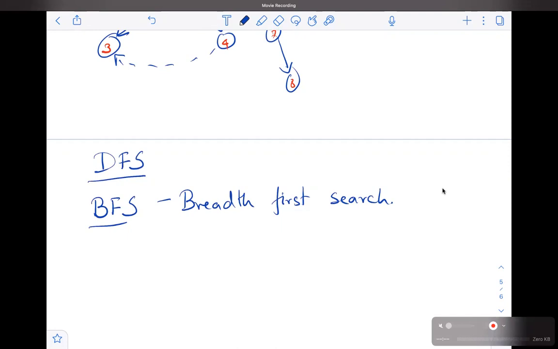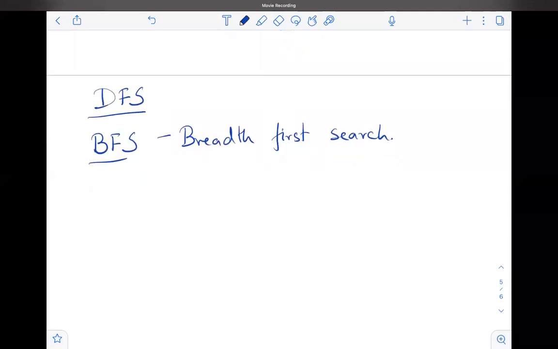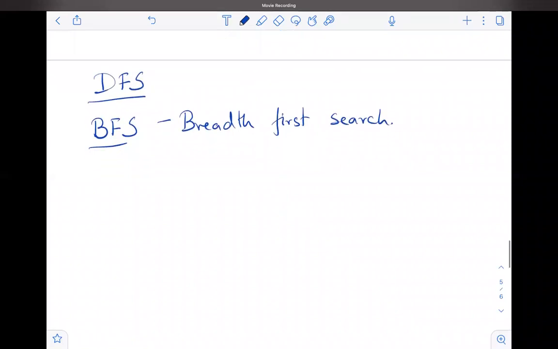So that is breadth first search. You're trying to cover as much breadth as possible. You're not going into depth of the same subject in one go; first you cover all the ith chapters, and then you go to the (i+1)th chapter. That is the idea of breadth first search.